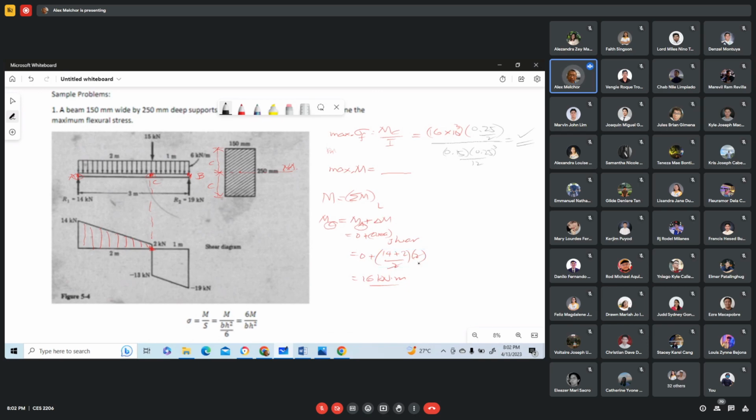Now, the answer for that is 10.24 mega Pascal, times 10 to the power 6 newtons per square meter. That is now our maximum flexural stress.